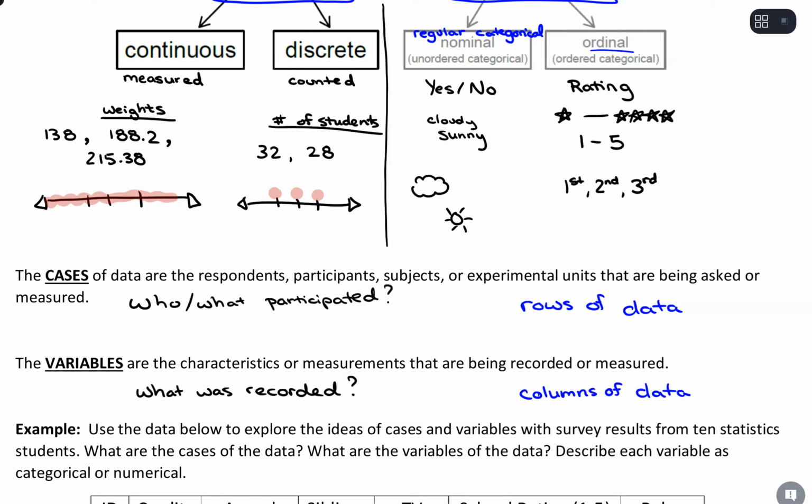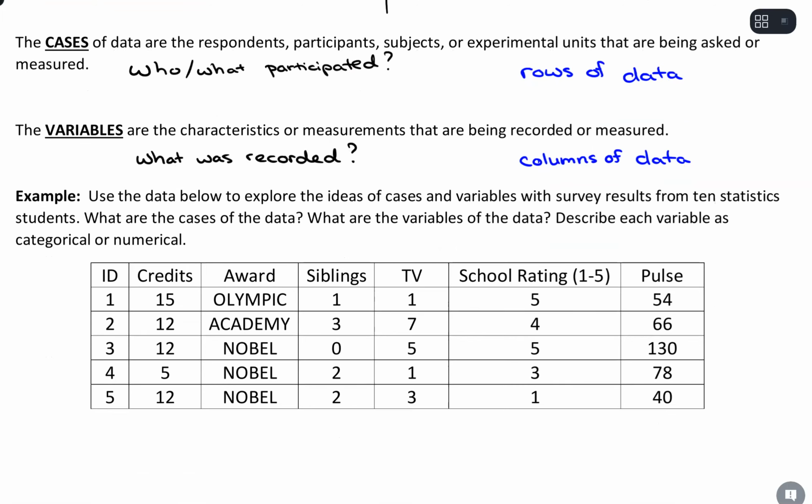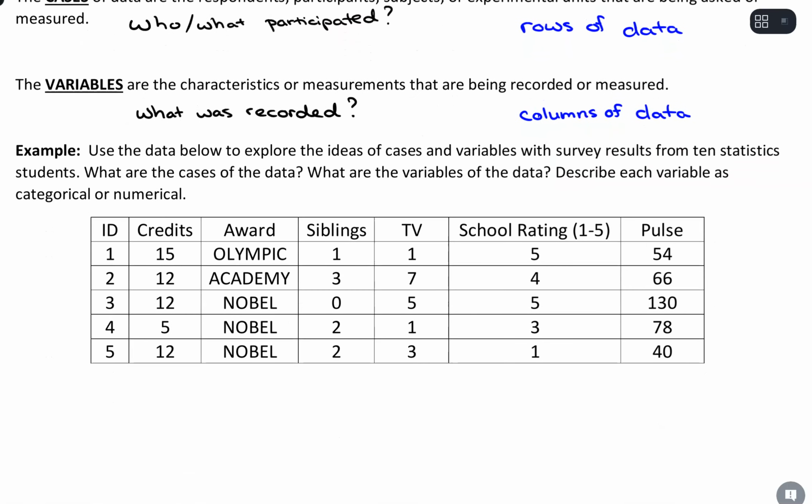So let's take these ideas of cases, variables, and the types of variables to this data set down here. So there's this data set. In one column, we see these ID numbers 1 through 5. In the second column, credits. This is like the number of credits they're taking as a student. We see 15, 12, and 5.